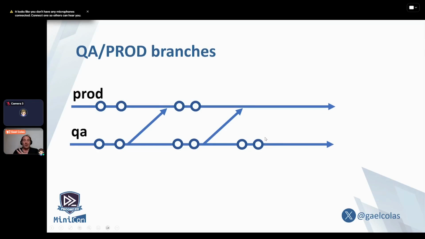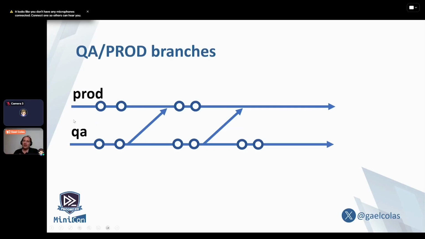And in that case, because it's a quick fix, maybe, the commits on QA will get out of sync with the commits in prod. It's not necessarily a problem if you know what you're doing, but usually it really makes it much more complicated when you try to collaborate with your team across 2 branches like this.